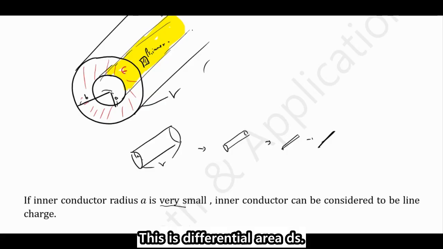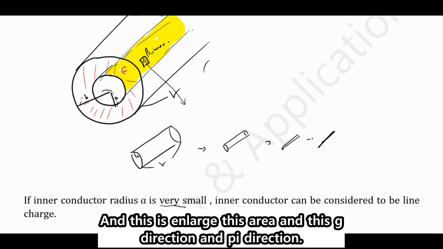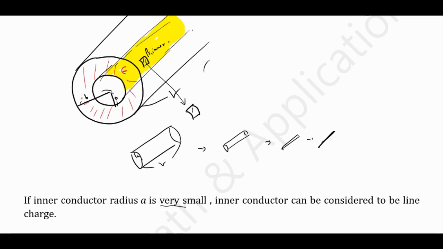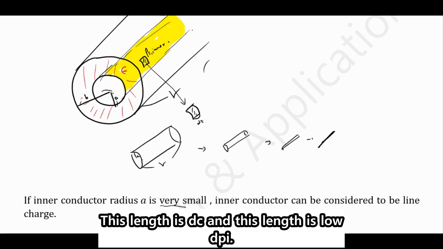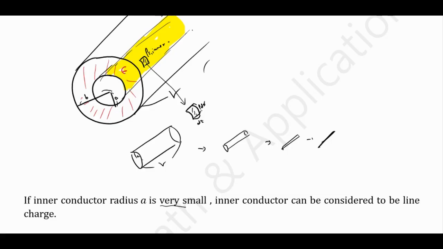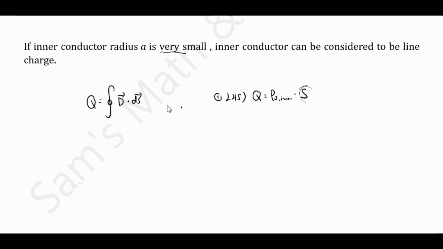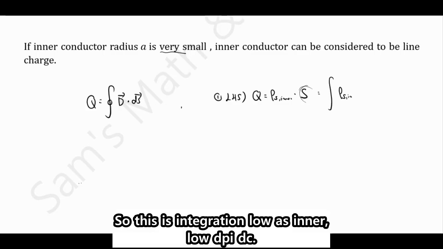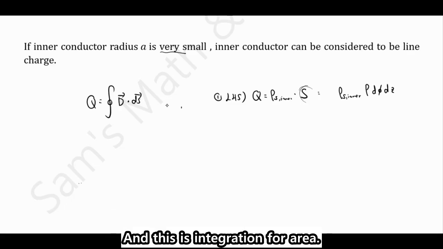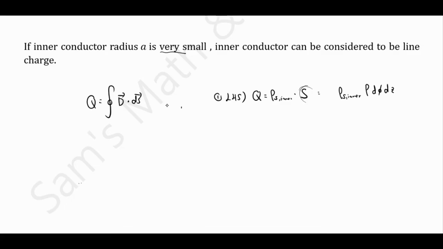This is the differential area dS, enlarged, in the z direction and phi direction. This length is dz, and this length is rho d phi. dz multiplied by rho d phi is dS. So this is the integral of rho_S inner rho d phi dz, and this is the integration over the area. This integration is a double integral.